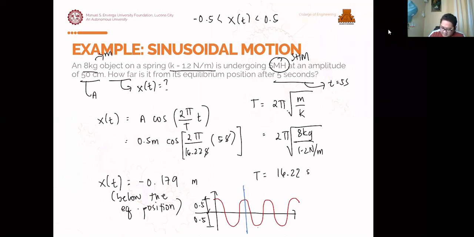Ibig sabihin, yung time natin agad dito is 16.66 na agad yan. So, ibig sabihin, yung 5 seconds is somewhere dito sa point na to. So, yan yung pwedeng sabihin natin time is 5 seconds. Okay? Para tama lang yung figure natin. So, for this problem, yung answer natin is this one.